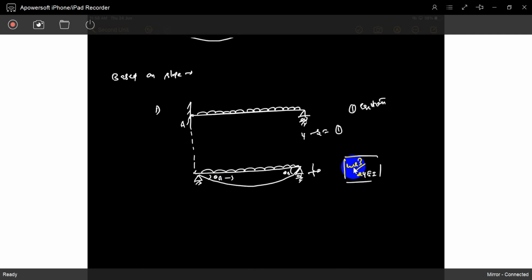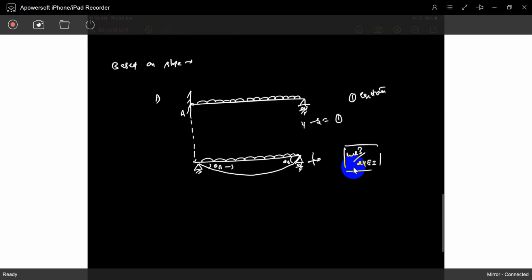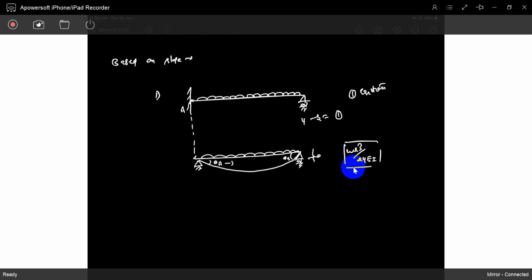I already solved it by the deflection. Now we will solve it by the slope. See, same beam. I applied a moment in this direction, so it will deflect like this. Okay, solve it.